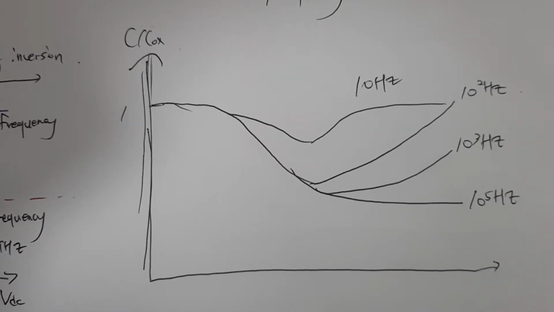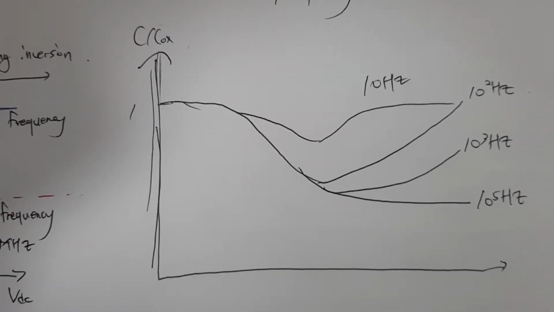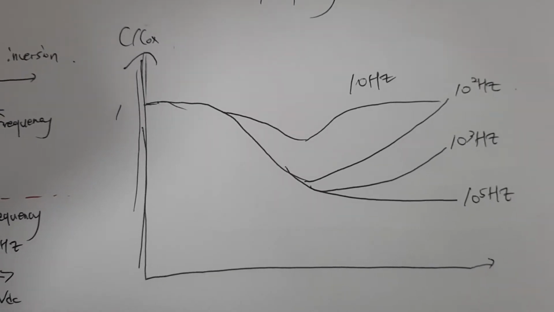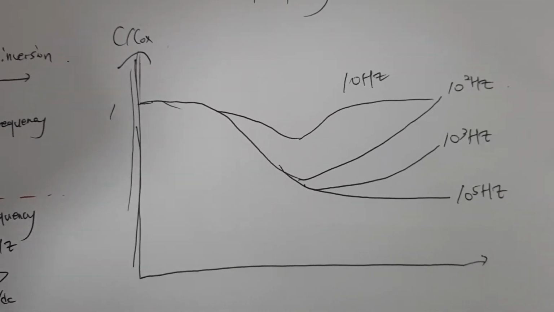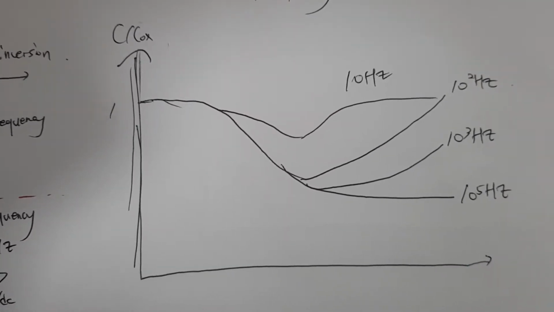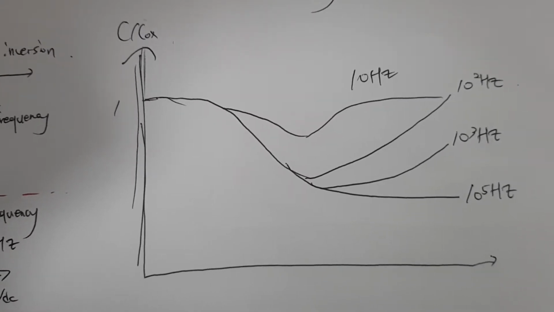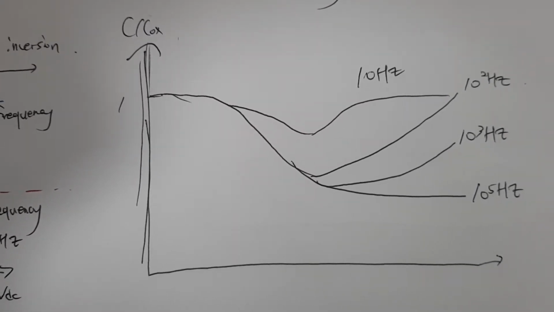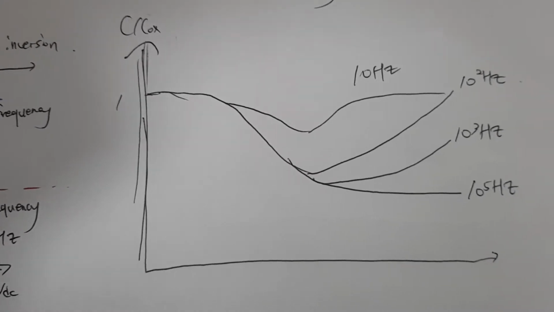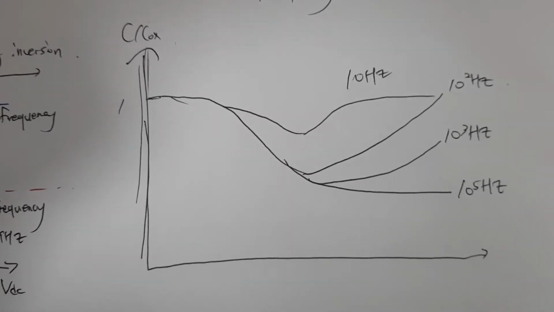That is, the frequency is much faster than the generation and recombination speed. When it is low frequency, it is difficult to detect the depletion region by generation and recombination of the inversion layer.